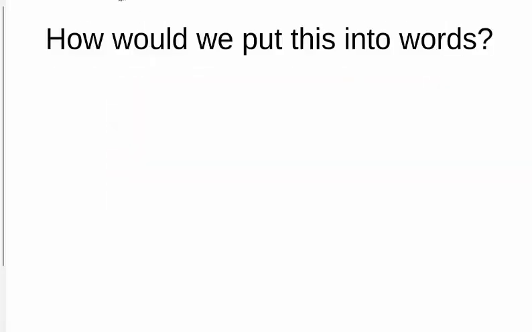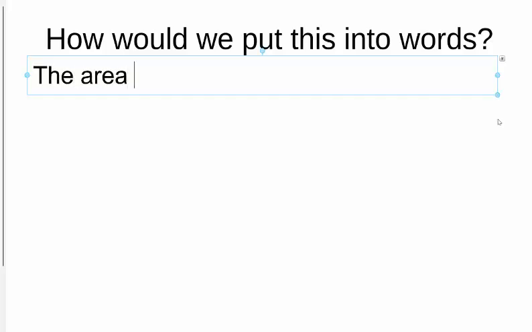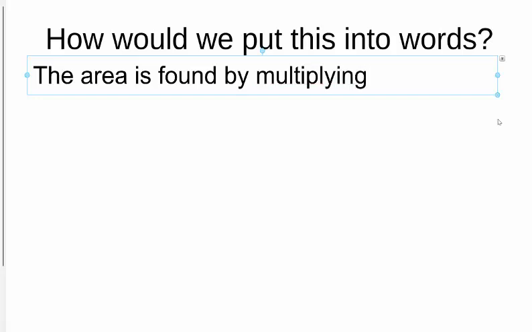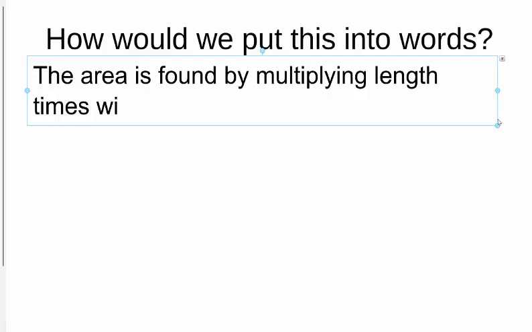So we could put this into our words. Instead of hieroglyphics, we could use our own words. So let's do that. We could say something like, the area is found by multiplying length times width.